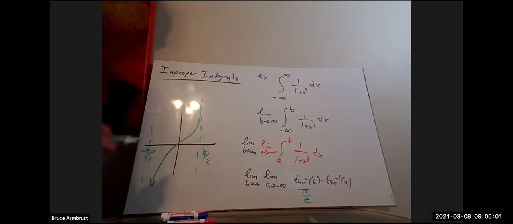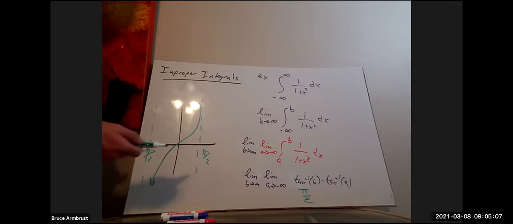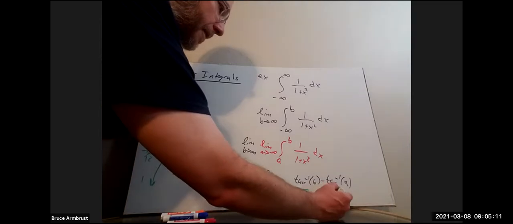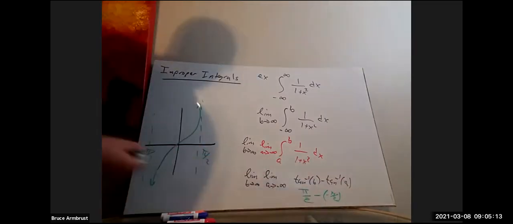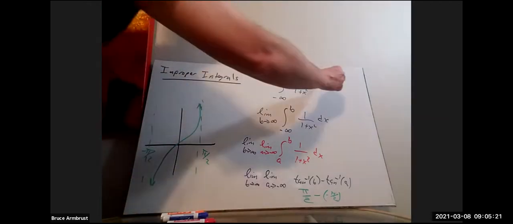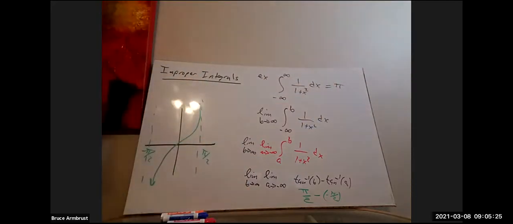All right, we'll do the same thing. Where do we go as we go to minus infinity? Our angles get closer and closer to minus pi over 2. So that's what that one's going to be. So we get pi over 2 minus a negative pi over 2. Well, if you add that all together, that ends up being pi.